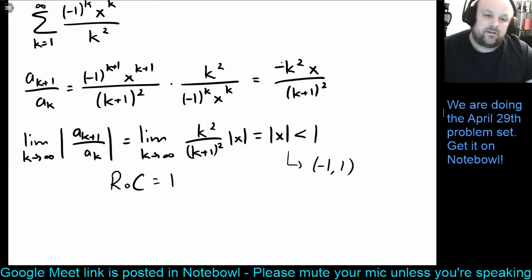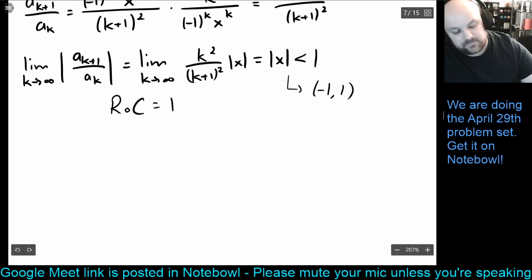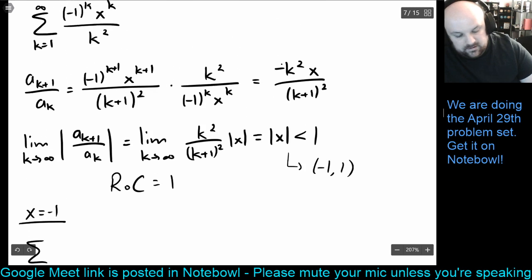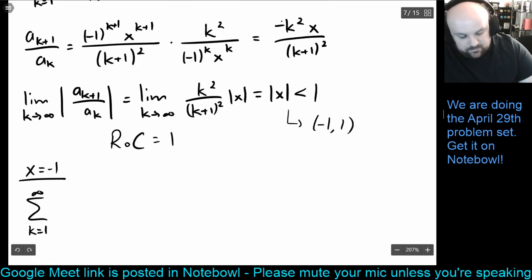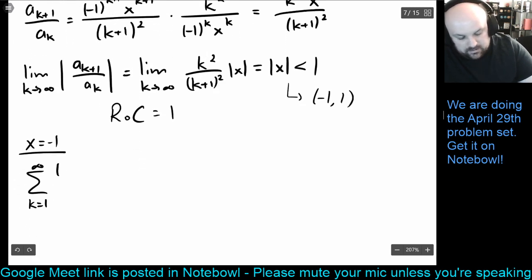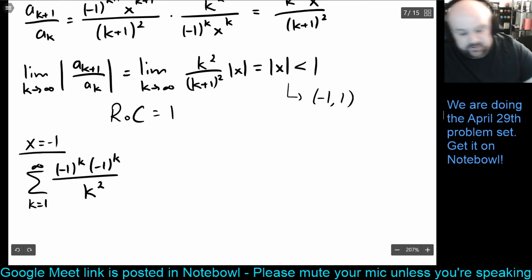All right, let's see if we get any different results this time, though. So, test the endpoints. Let's see, we have the sum from 1 to infinity, negative 1 to the k, negative 1 to the k over k squared.